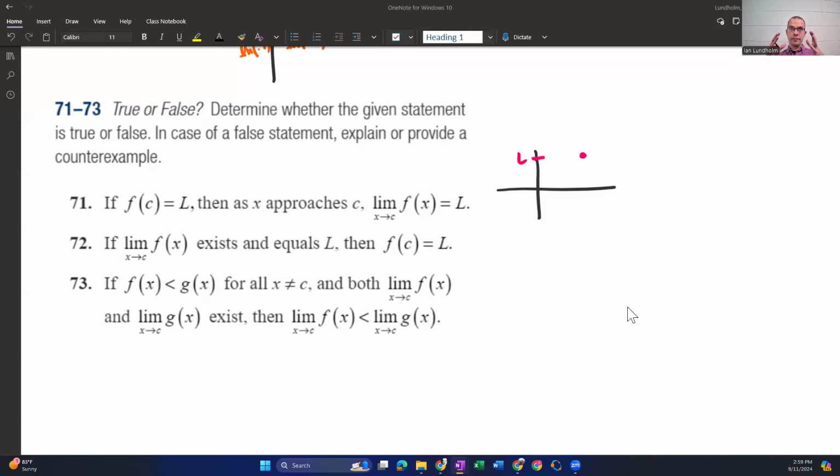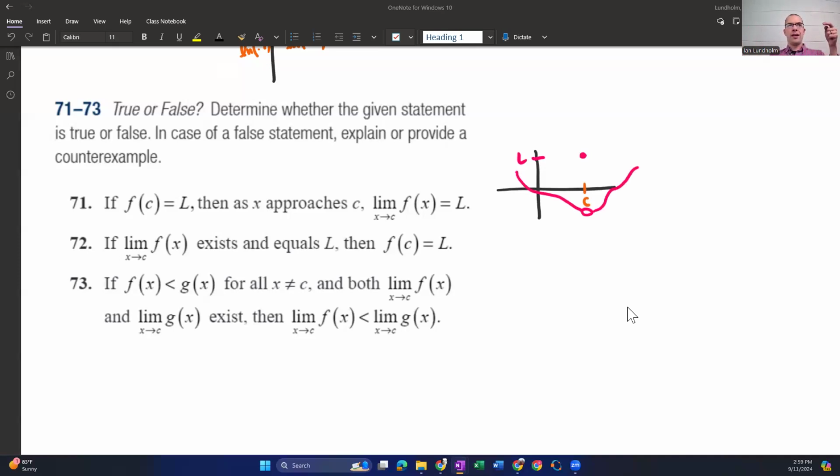Well, this would be true for a continuous function, but this function does not necessarily need to be continuous at c. So, if this is our x value of c, we could create the rest of this function so that it goes like, then has an open hole and continues going on.